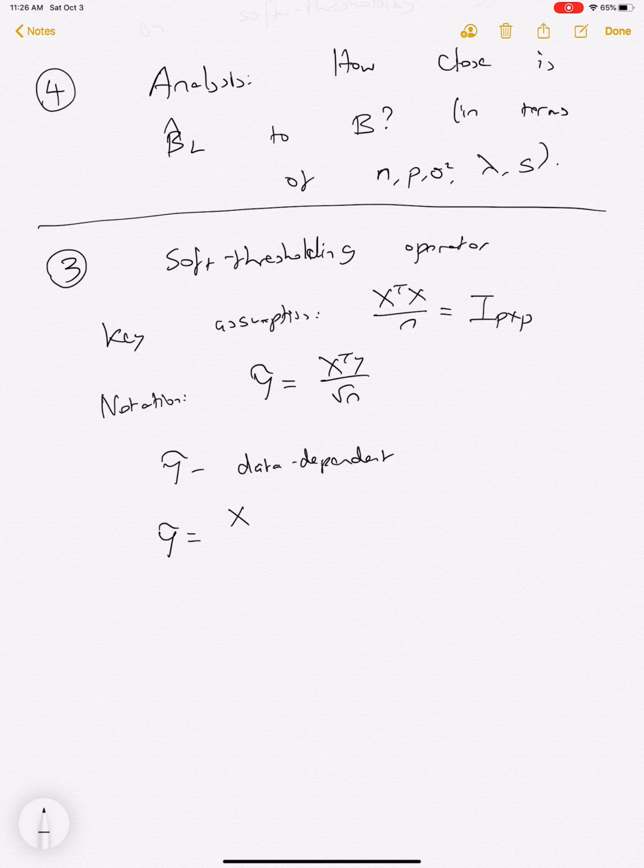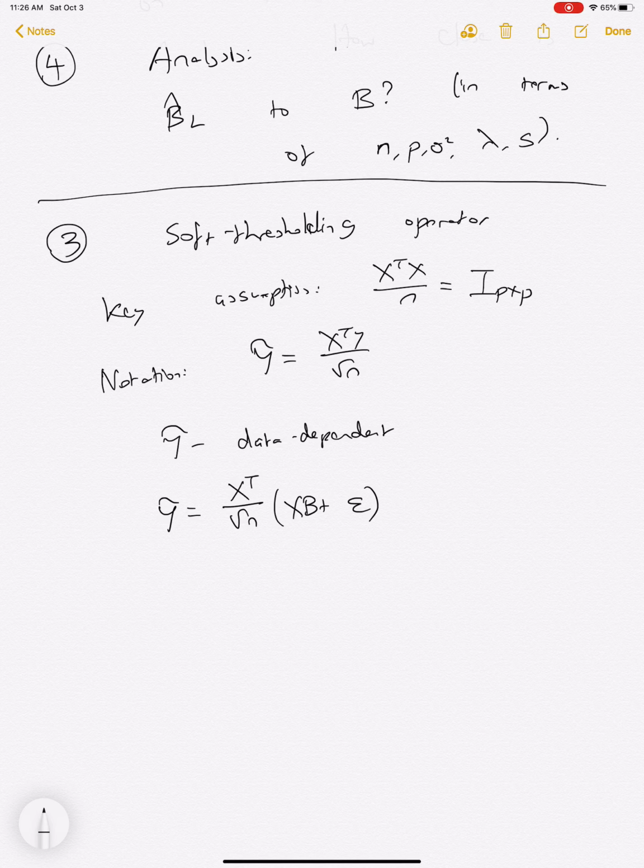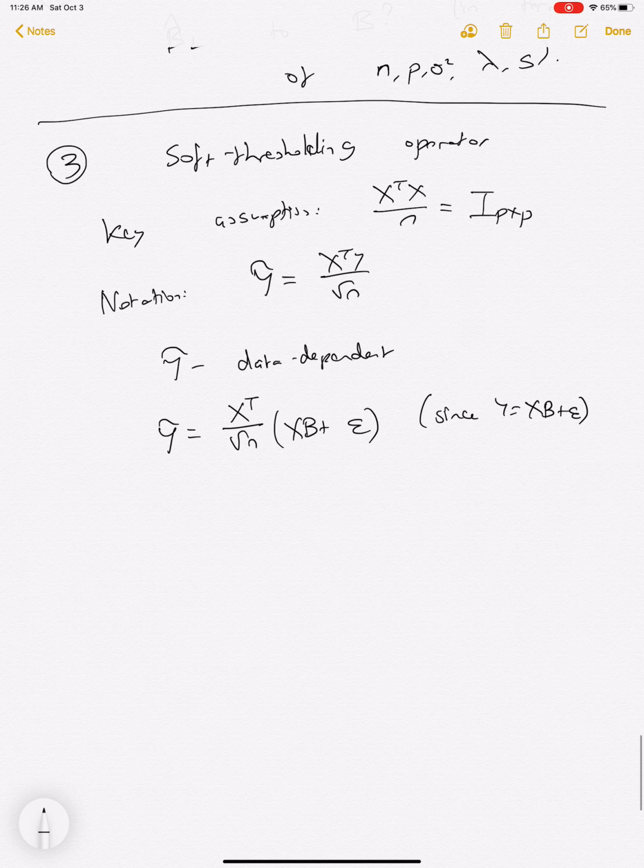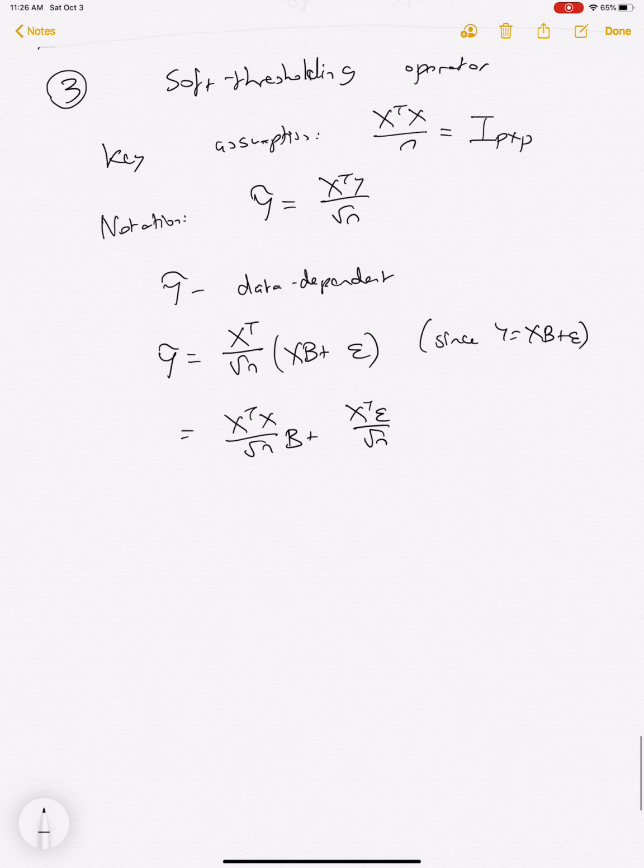if we plug in the model, and so we can see that this is going to equal root n times beta plus epsilon tilde, where epsilon tilde is multivariate with mean zero and variance sigma squared times I, sorry, I p by p.